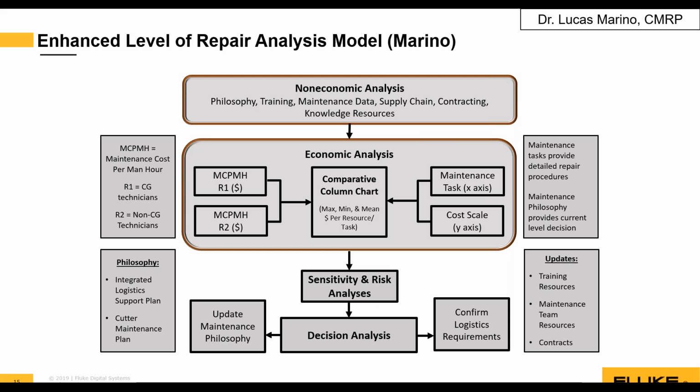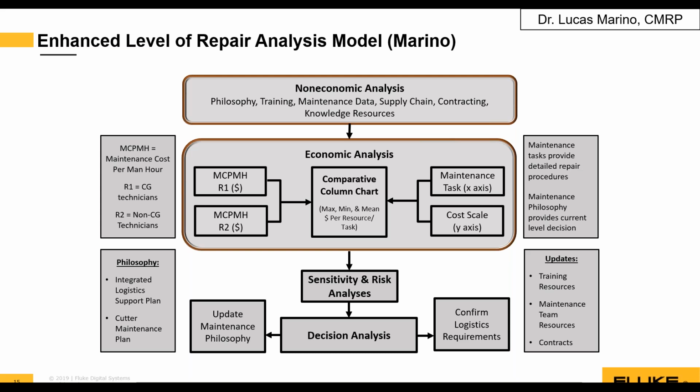If I compare resource 1 versus resource 2, what are my expected max costs, minimum costs, average costs? I can do that by maintenance task, so I can determine if one task has more priority for funding than another. And we may choose to mix resources based on the various costs amongst the resources.